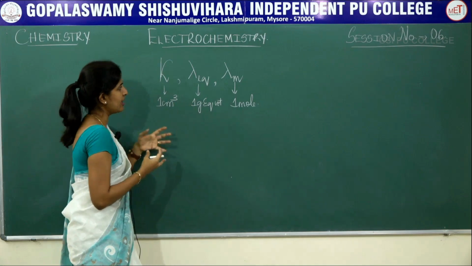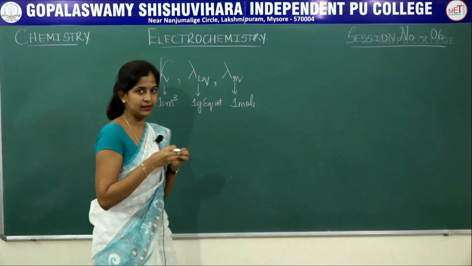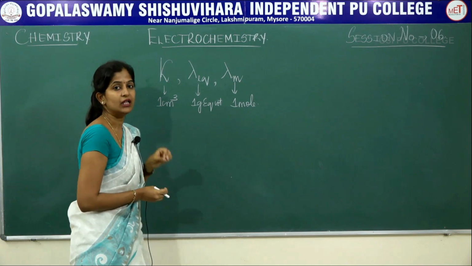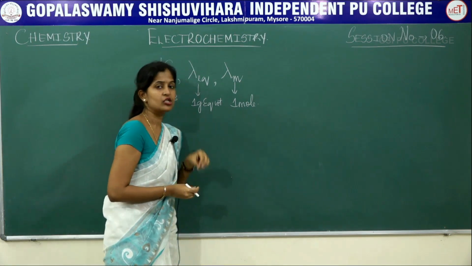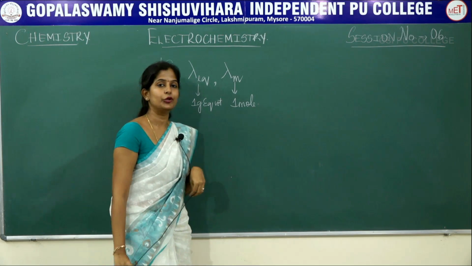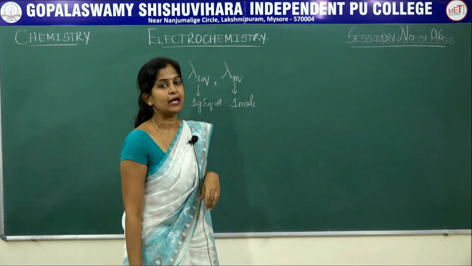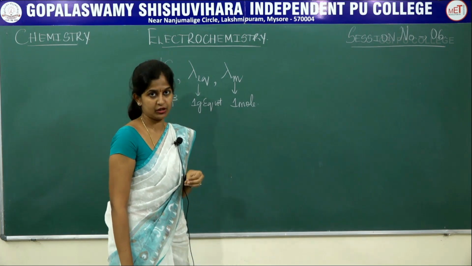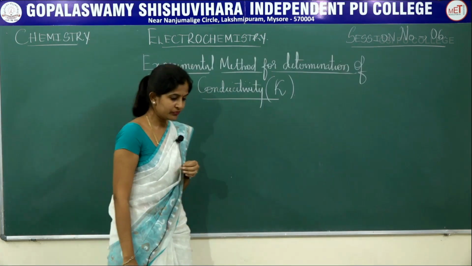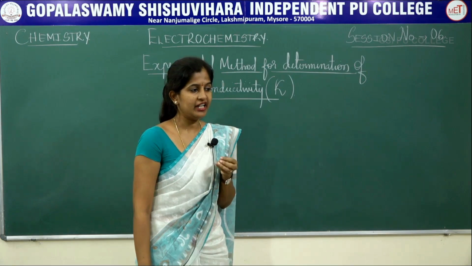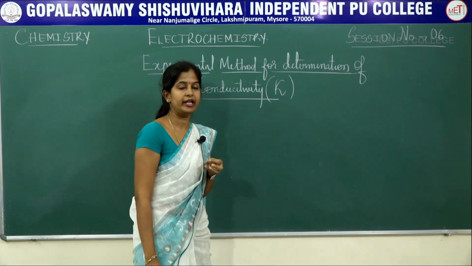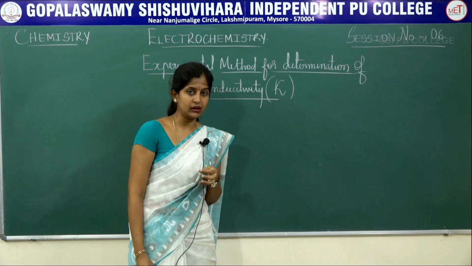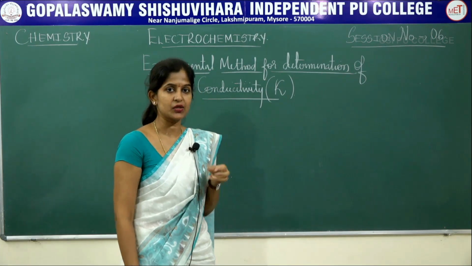So the next thing we have to study is how to determine your specific conductance, that is your conductivity, with an experimental method. So let us see the experimental method of determination of kappa, that is your specific conductance, through Wheatstone bridge. As I told you in the previous session, determining the conductivity or resistance of an electrolytic conductor is not as easy as for solid conductors.